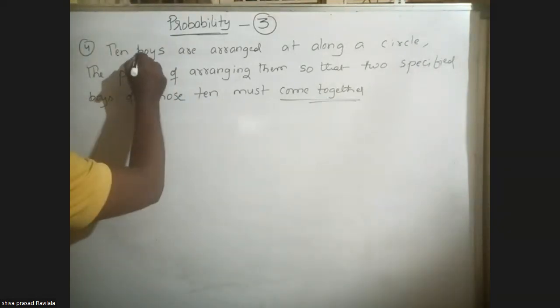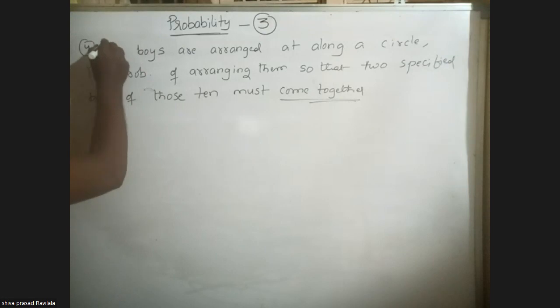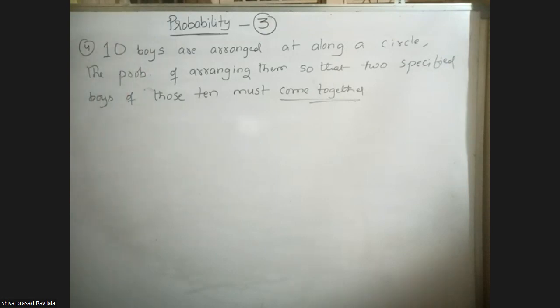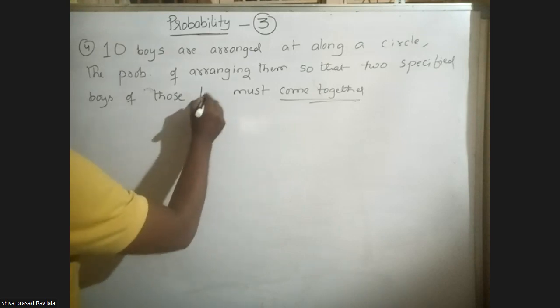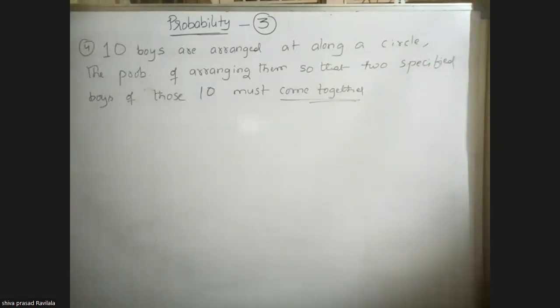Okay, 10 boys are arranged at a round table, around a circle. Then the probability of arranging them so that two specified boys of those 10 must be together.